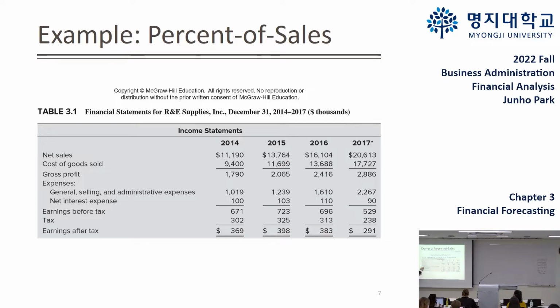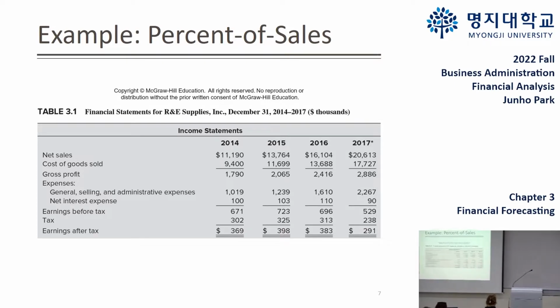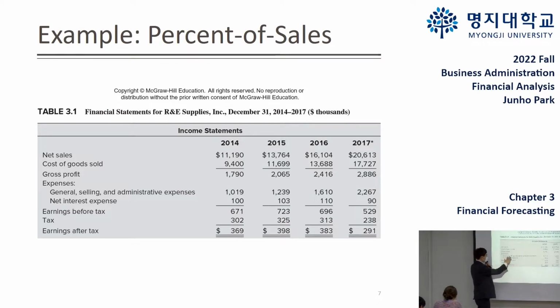So by definition, it is highly related to your sales, and we can make a simple assumption that these SG&A, selling, general, and administrative expenses will be also proportional to the sales.